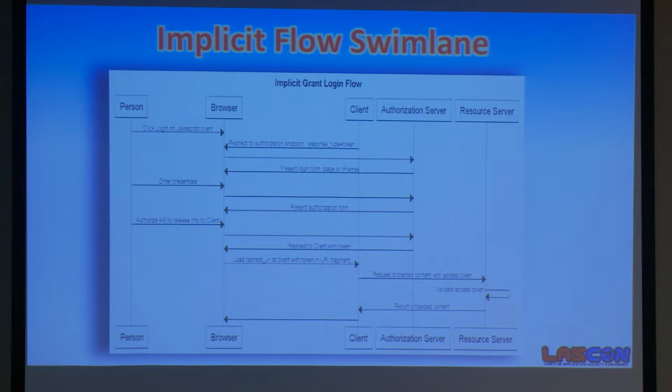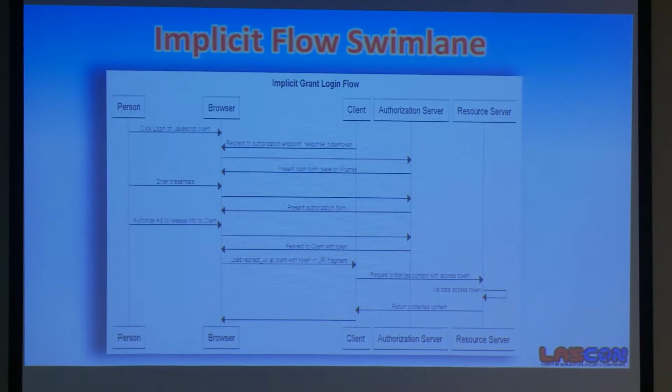There's no point using client credentials in a JavaScript application in the browser because there's no way to hide the client credentials from the person. So if you see anyone using implicit flow for a mobile application or a web application, advise them against it. That's one of the most common mistakes we see.